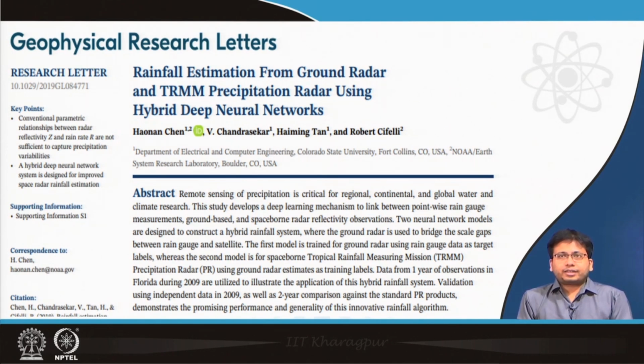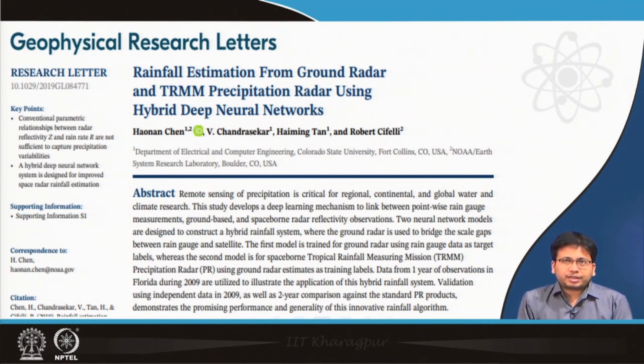But on the other hand, these radars have the advantage that they can cover a large spatial area. So what is lost in terms of accuracy is compensated for in terms of spatial resolution. The radars can be ground based as well as space based, and then from space we also have satellite imagery.